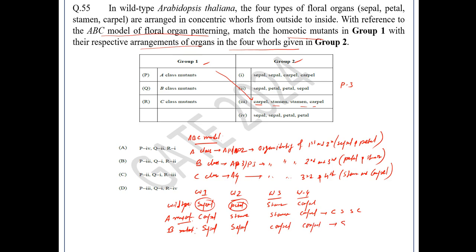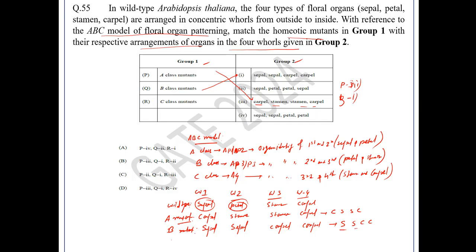So the pattern becomes sepal, sepal, carpel, carpel. So the B class mutant matches with 1. So Q matches with 1.